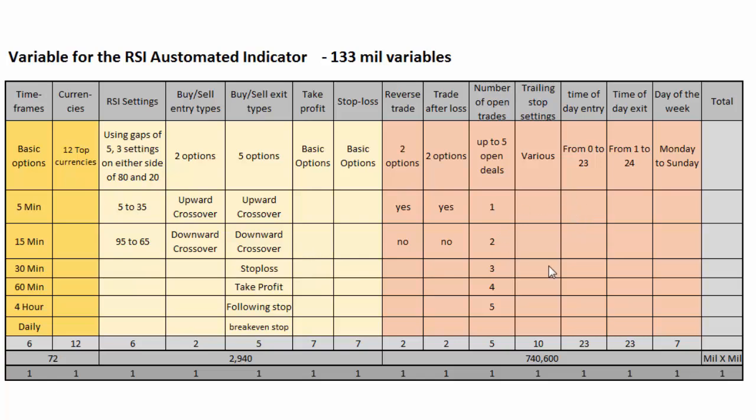Then the darker orange type of variables are ones that are refinements. So reversing a trade is a refinement. Trading after loss is a refinement. The number of open deals are refinements on the basic trading strategy in the beige. So all of these are refinements on the basic strategy.